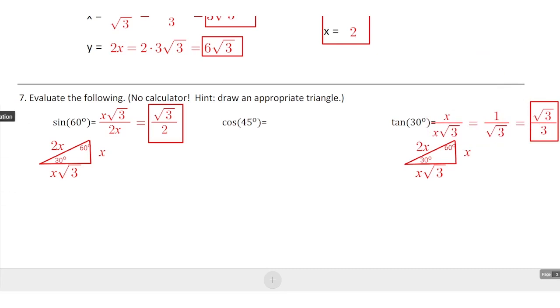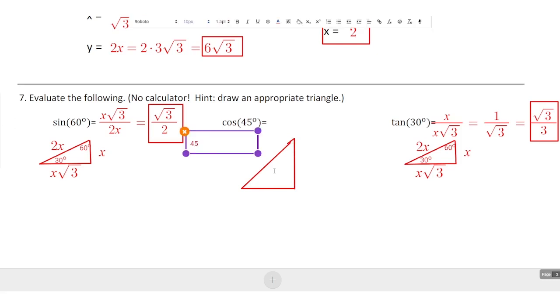Now for the 45, 45, 90 triangle, let's go ahead and sketch that out and see what that would look like. That's going to be an isosceles triangle, since two of the angle measures are the same. This is just a rough sketch, but it gets the job done. Let me label these as 45 degrees. It doesn't really matter which angle you look at since they're both the same.